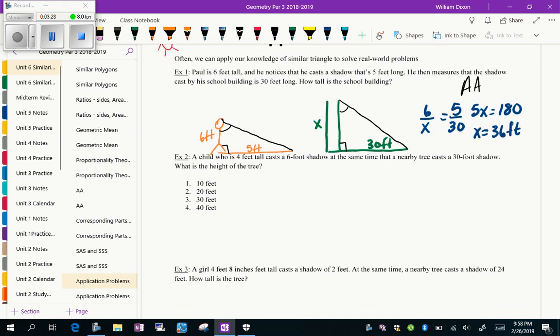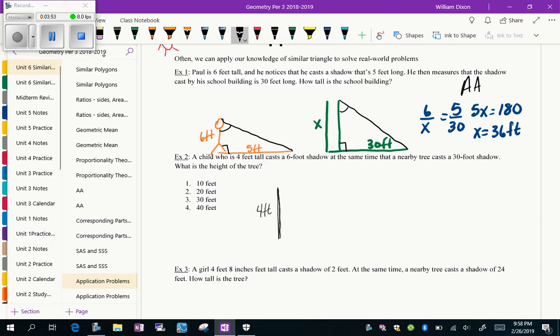Okay, let's jump right in on number 2. It says a child, 4 feet tall, casts a 6 feet shadow at the same time that a nearby tree casts a 30-foot shadow. What is the height of the tree? All right, this time I'm going to draw it without the sun, without the picture of the child. So that's my child, 4 feet.